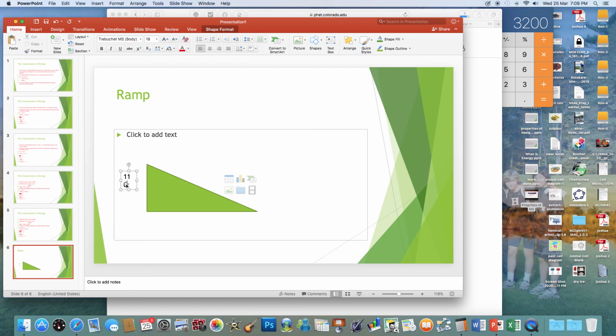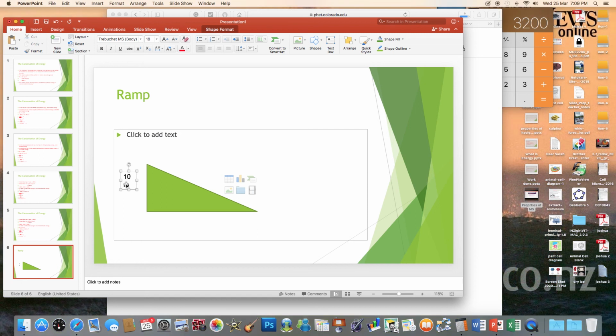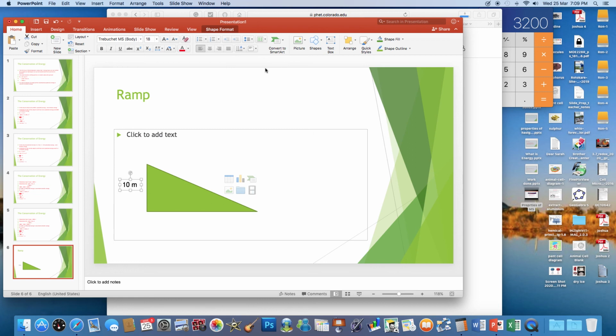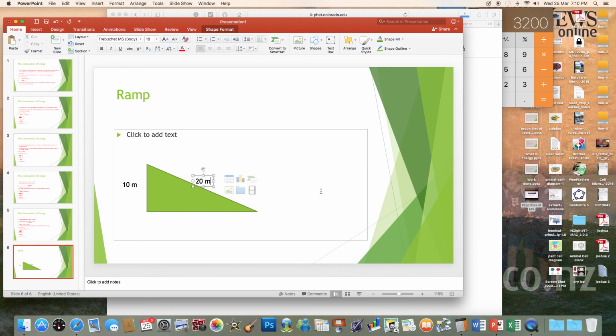Let's make it 10 meters. Right, so the ramp here is 10 meters. So that's the height of the ramp. Let's make the length of the ramp 20 meters. So this length down here is 20 meters.